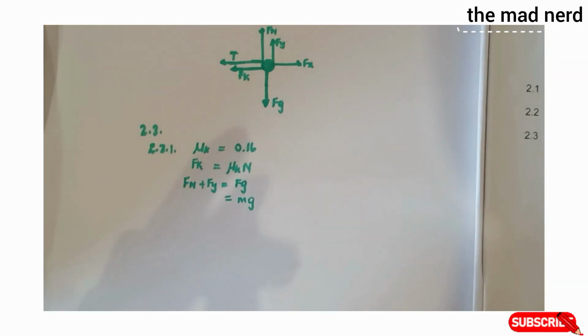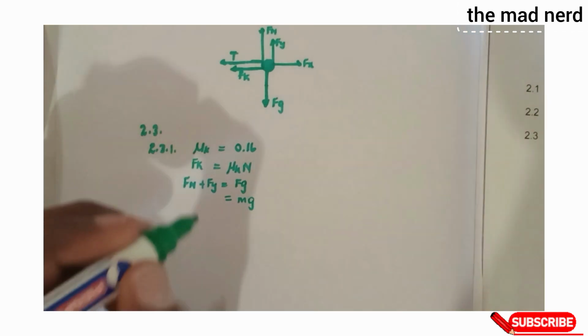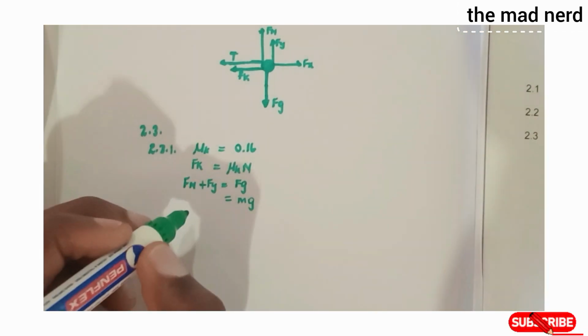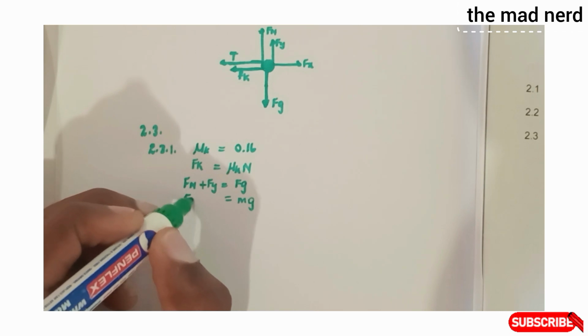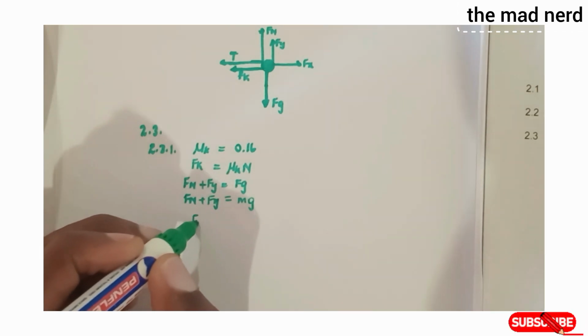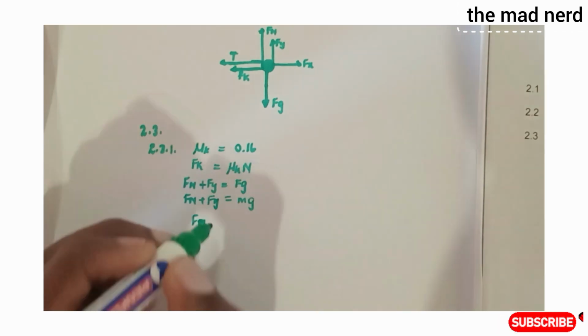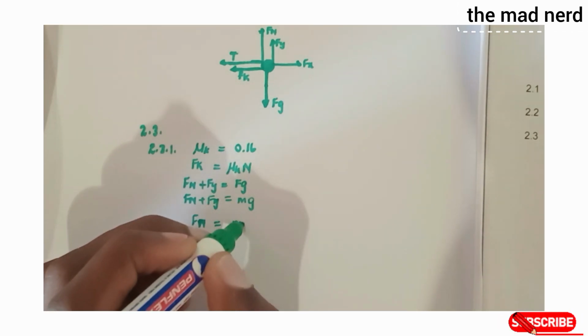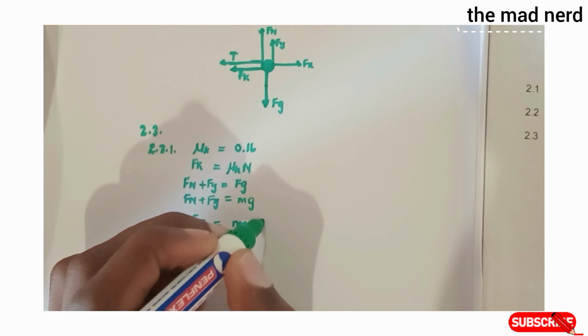Since we want to find the normal force, we can say Fn is equal to mg minus Fy.